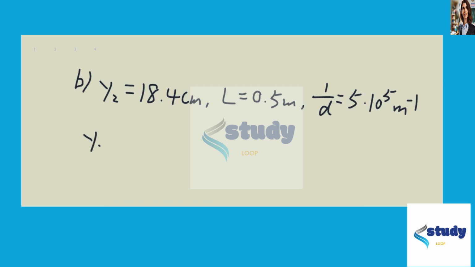And we know y2 is equal to m lambda L over D. M is still equal to 1 because we're still talking about the first order.